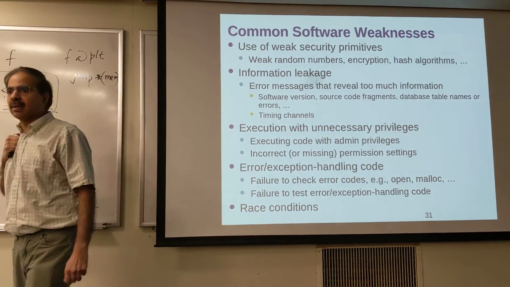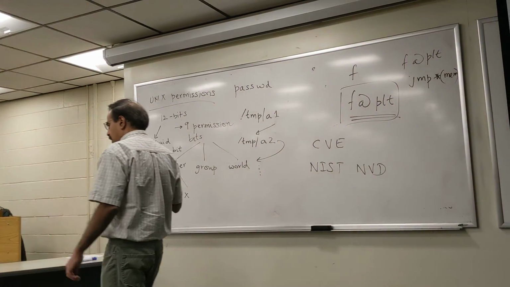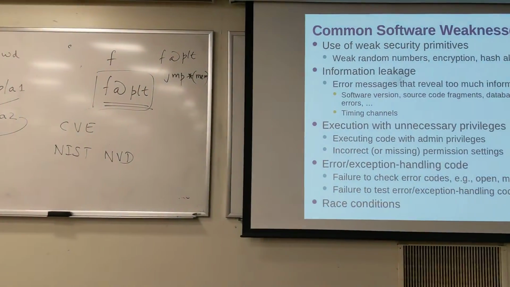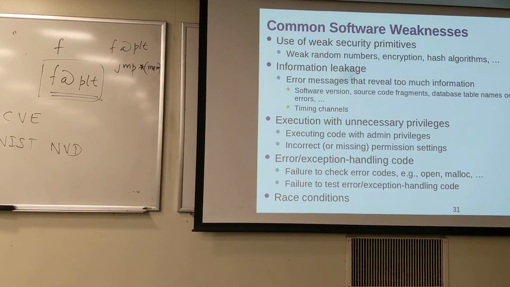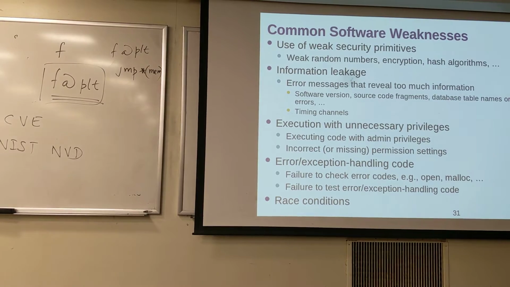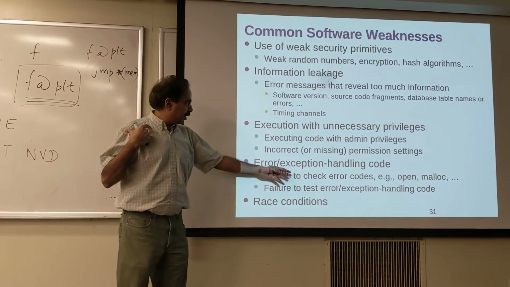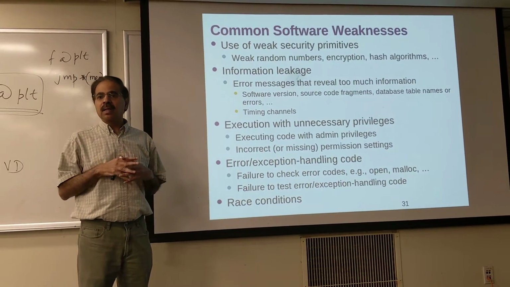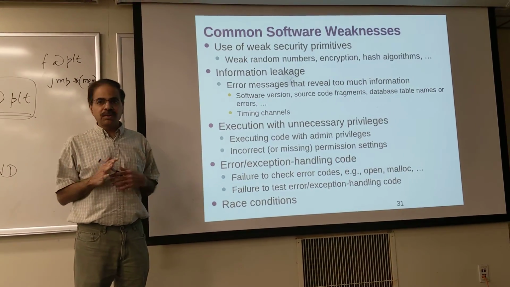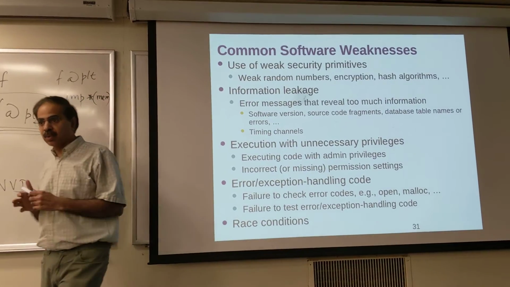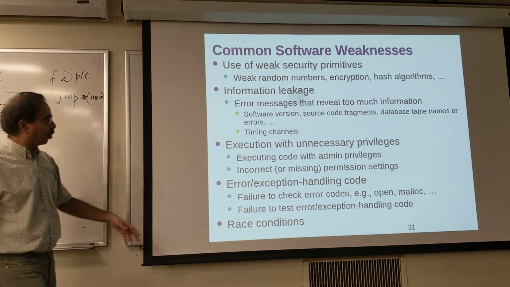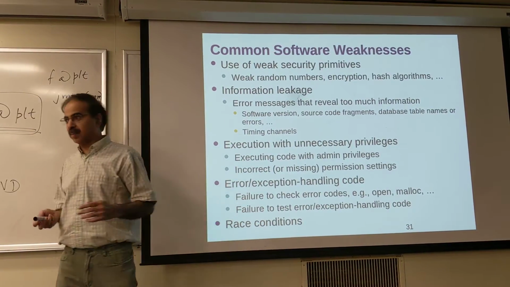Another interesting thing to think about is that, especially in complex pieces of software, there is a lot of code that is there to deal with errors and exceptions, right? Because you don't want to crash as soon as something unusual happens. So you have a lot of code for checking errors and recovering from them.